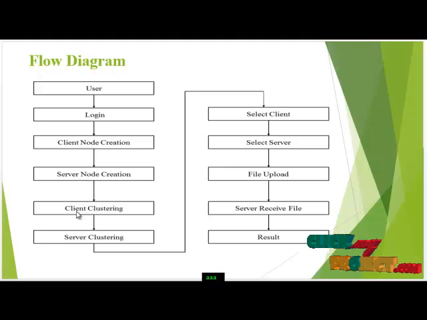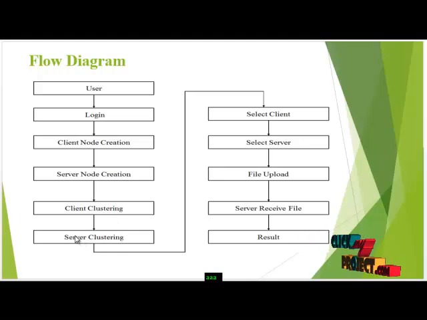And next we are going to client clustering. Clustering is nothing but a collection of objects which are similar to each other and dissimilar to the objects belonging to other clusters. Here we cluster the clients by size, and next we are going to server clustering. Server clustering is the same process as client clustering.